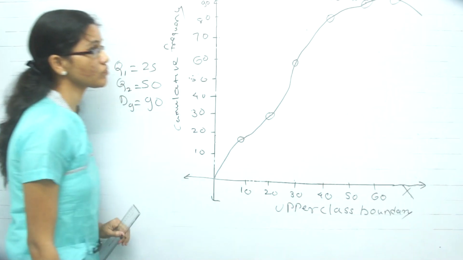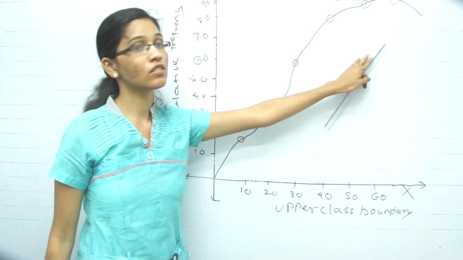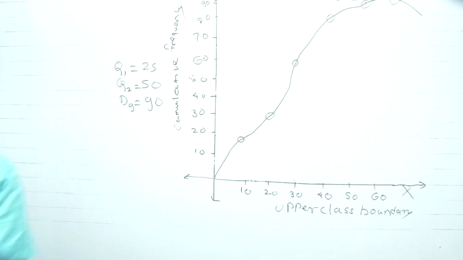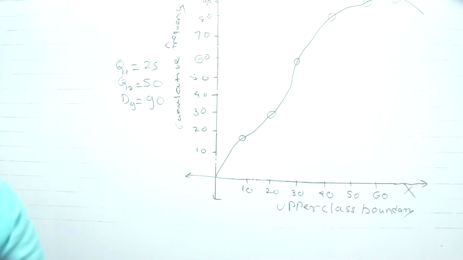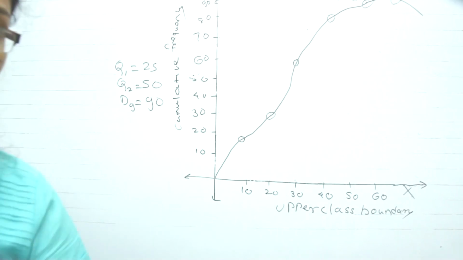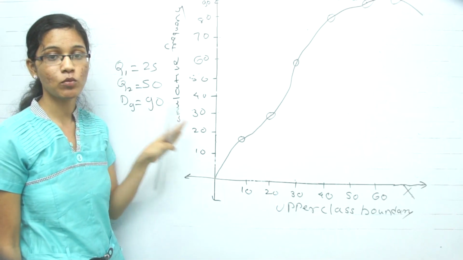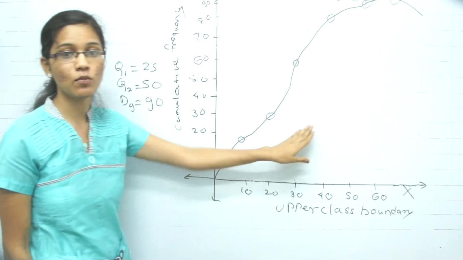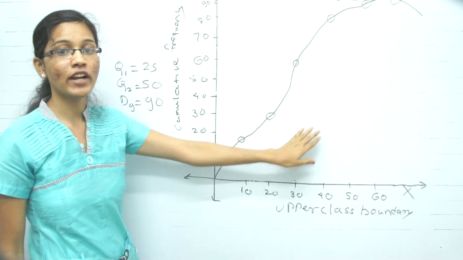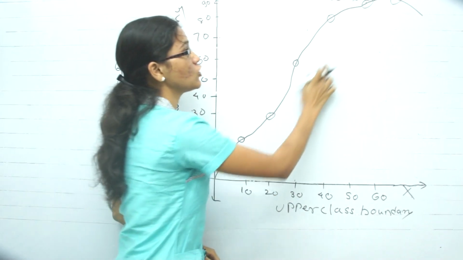Okay, this is the curve. So upper class boundary on the x-axis and cumulative frequency on the y-axis. Plot the cumulative frequency against the corresponding upper class boundaries and join the points by a smooth curve. This is called as what?